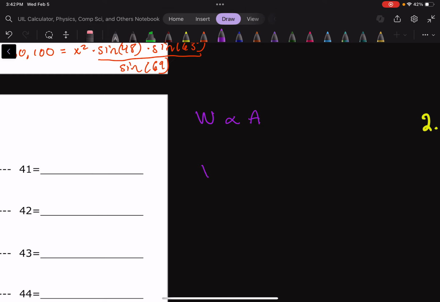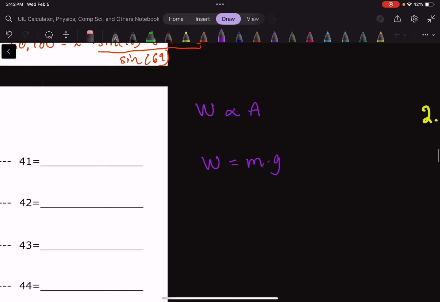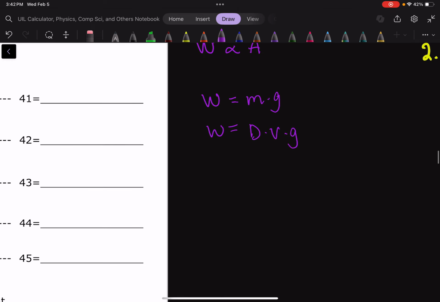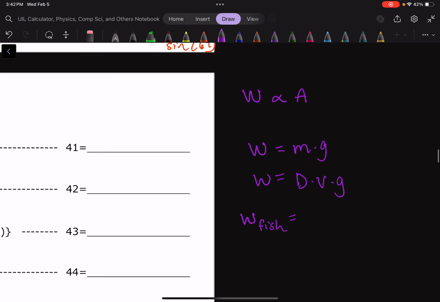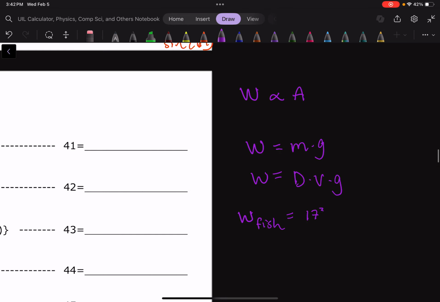Now, the weight of a fish, that's mass times the acceleration due to gravity, and mass is really density times volume times gravity. So just as a rehash, what they're really telling us is that the weight of the fish is essentially the length cubed, 17 cubed, okay?